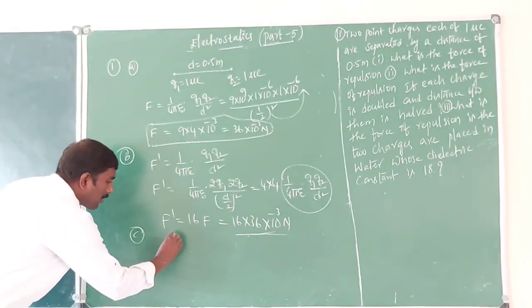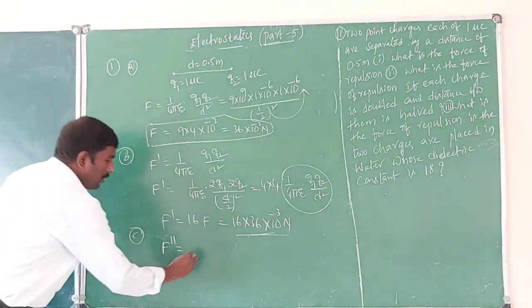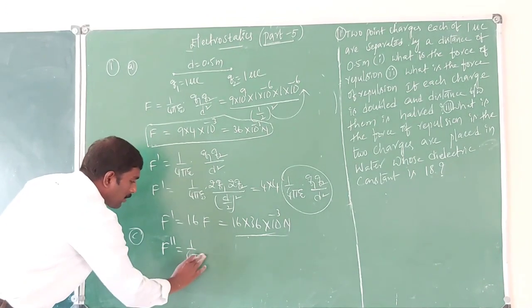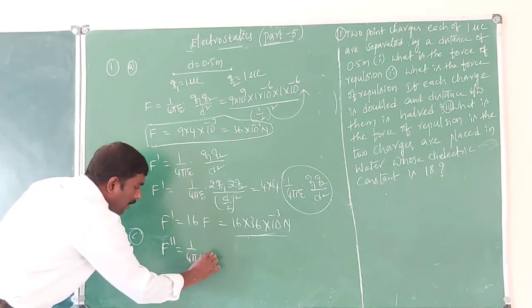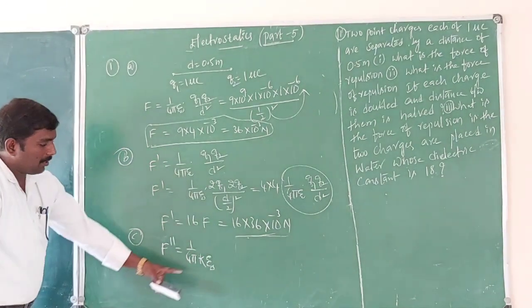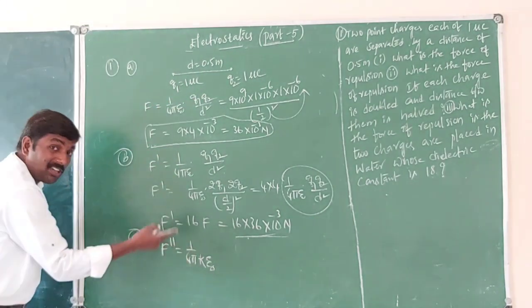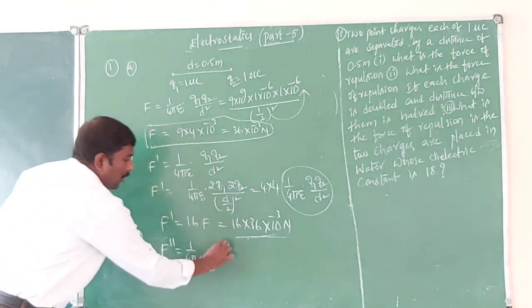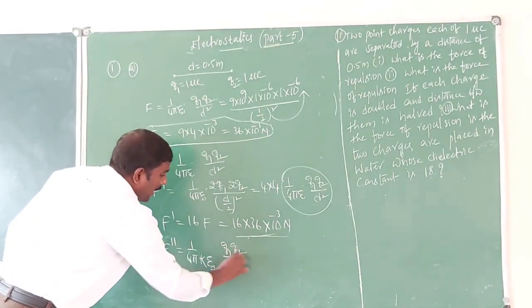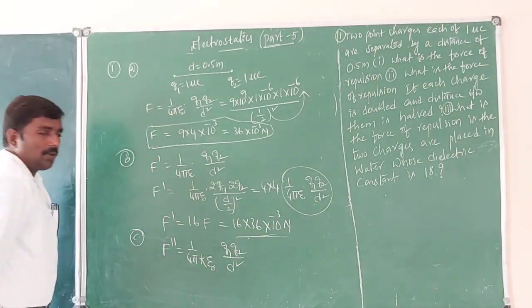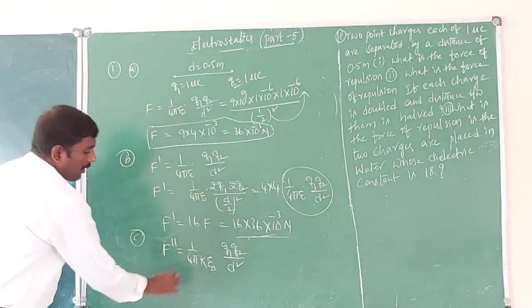new force F double dash is equal to 1 over 4 pi k epsilon naught, because these two charges are kept in water. K is the dielectric constant of water. Q1 Q2 by d square, like this.